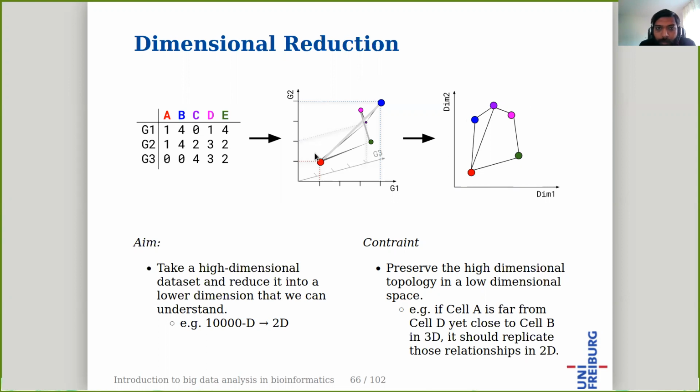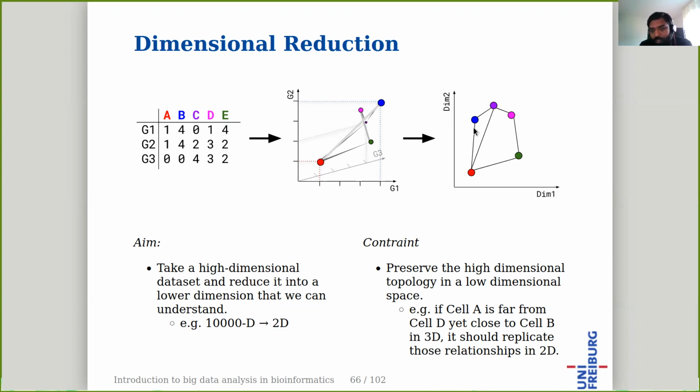For example, let's take this example where you see that cell A is far away from cell D, which is pink here, because there's no direct connection, but it's relatively closer to cell B, this blue one. There's a direct connection here, and this must be preserved when we reduce dimension from 3D to 2D.